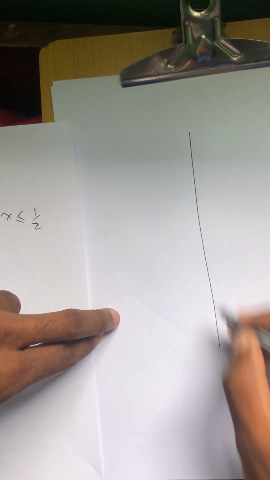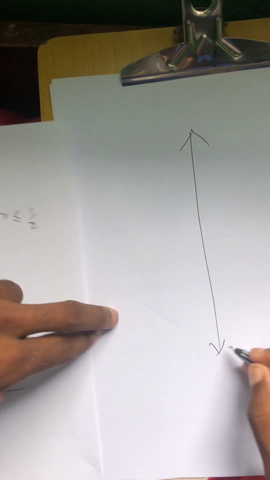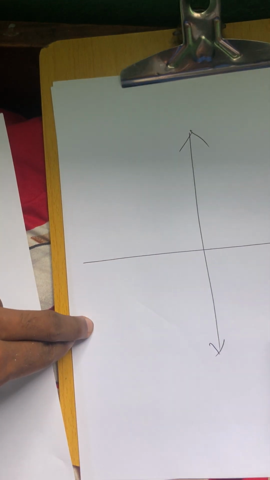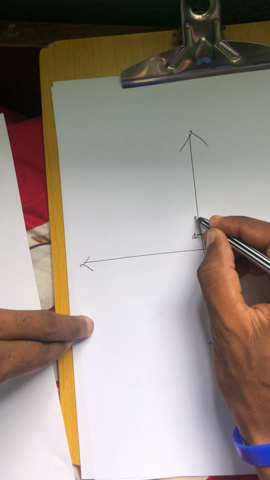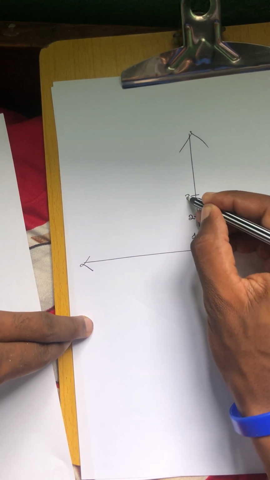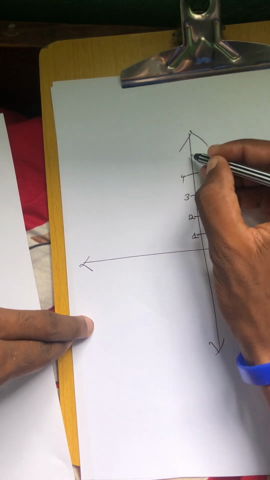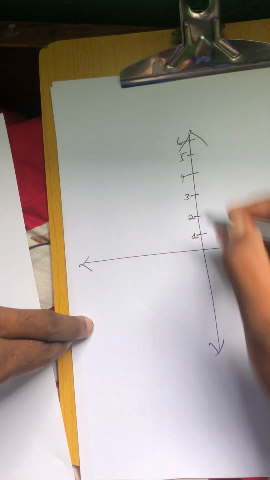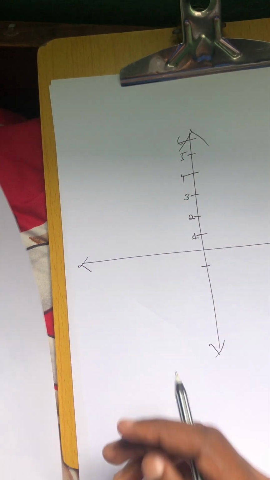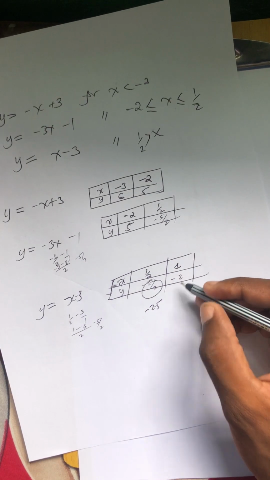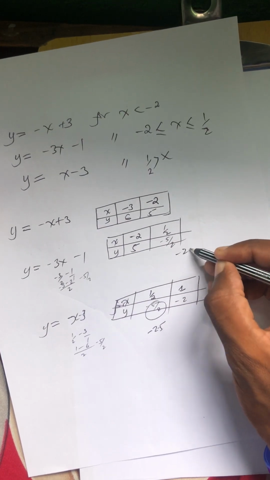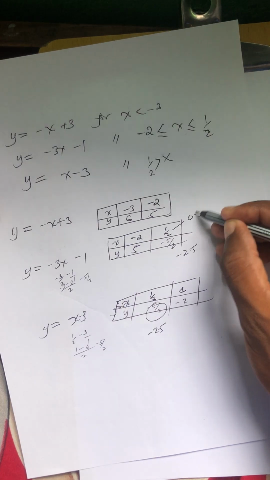So we have these. Now we can plot. Since we have everything, we can plot now. Okay. Beautiful. So the highest here is negative 2.5, then here also negative 2.5, then here it's 0.5.